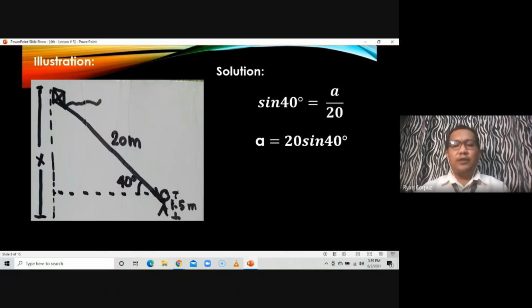Then using your scientific calculator, tulad ng ginawa natin kanina, so just press 20, times, press sin as a symbol for sine, press 40, then press DMS. Then lastly, press equals.